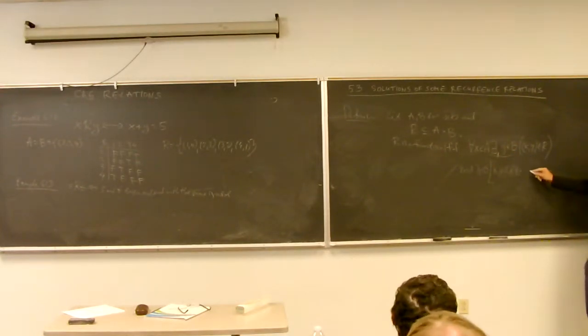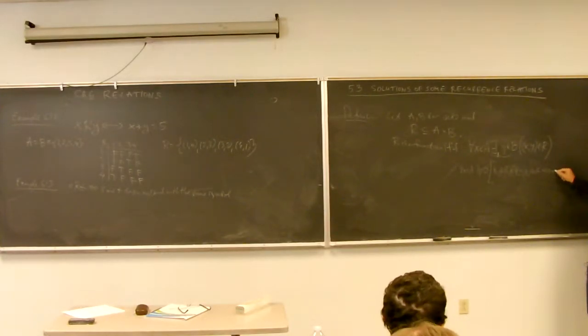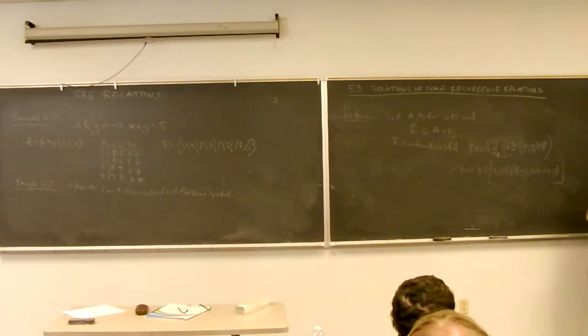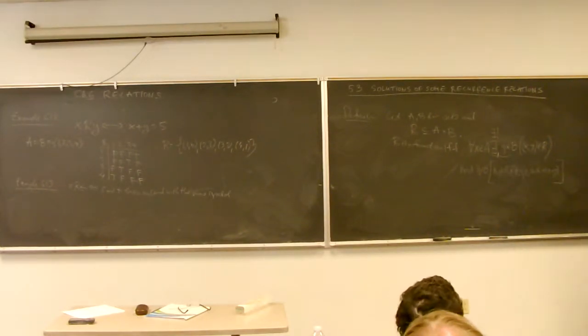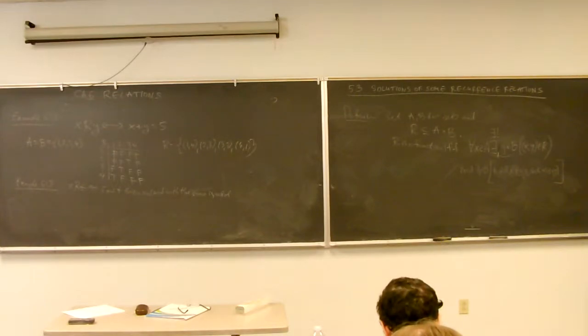And for every z, x and z belong to R implies z equals y. Here is that uniqueness. For the uniqueness, that exclamation? Yes. Sometimes it's this, sometimes it's an exclamation mark. Absolutely right. They are both used interchangeably.